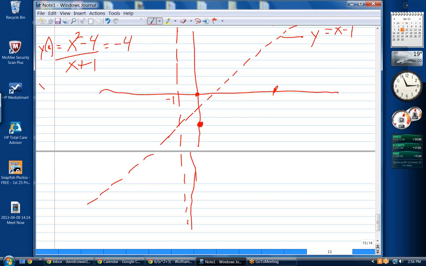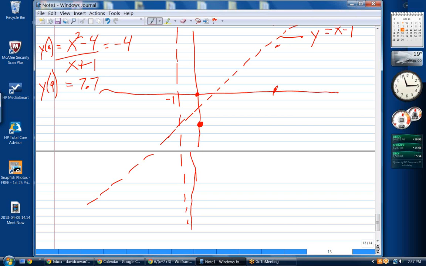What is y of 9 equal to? 81 minus 4 is 77 over 10, about 7.7, which puts it where? When x is 9, y is 8, so 7.7 puts it right there.